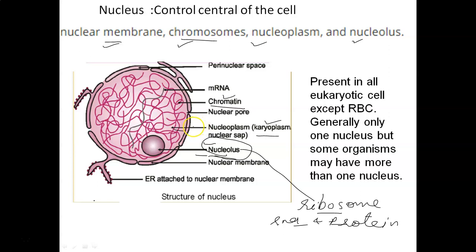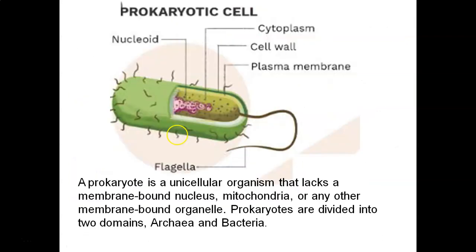In biology, the cell is divided into two main groups, based on the presence or absence of the nucleolus and the presence or absence of the nuclear membrane. See, DNA is present, chromosome is present, but maybe the nuclear membrane or nucleolus is absent. So based on the presence of the nucleolus and nuclear membrane, the living organisms' cells are divided into prokaryotic and eukaryotic cells.